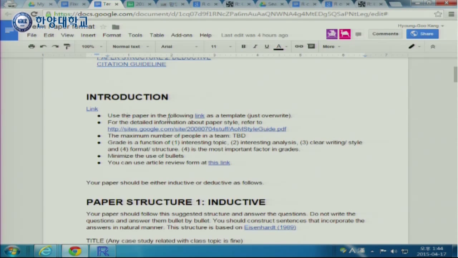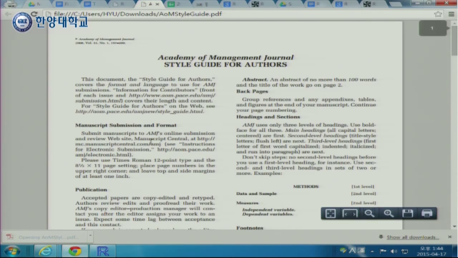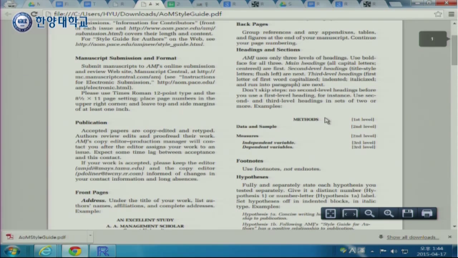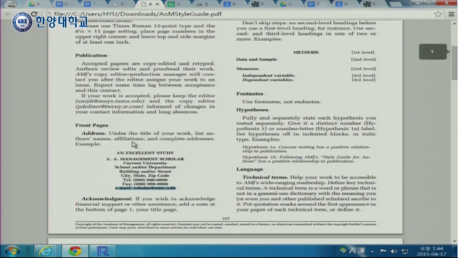And for the detailed information about paper style, if you open this paper style, this is a first level head, subhead, second level, third level head, and then this is title, your name, affiliation, your email address, and so on.